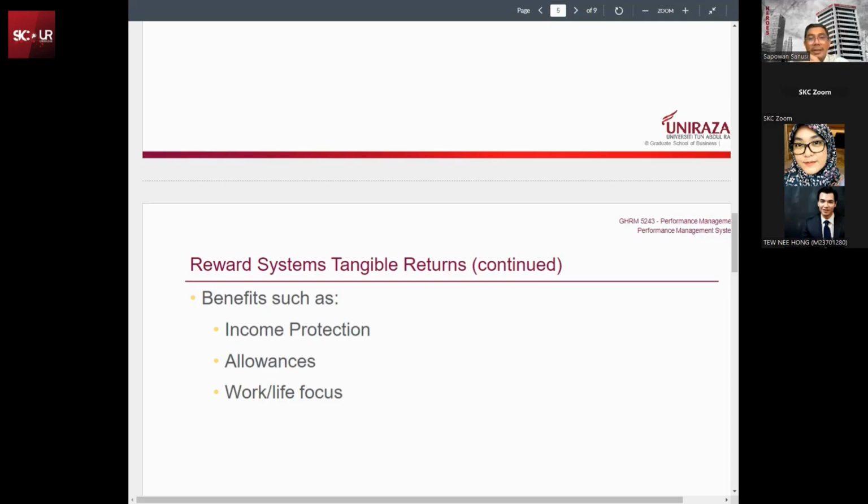Okay, and then they give you increment of salary, bonuses. Memang kadang-kadang tak nampak dekat situ. Intrinsic reward, more on the income protection, they give you career advancement opportunities. And autonomy, responsibility, meaningful work yang kita tak nampak.